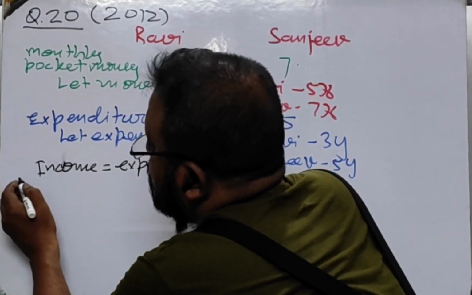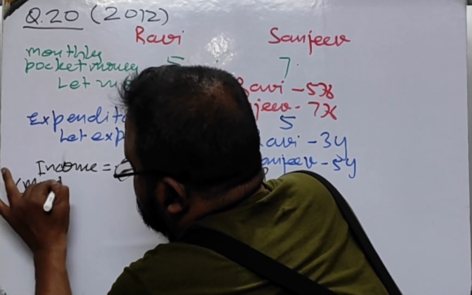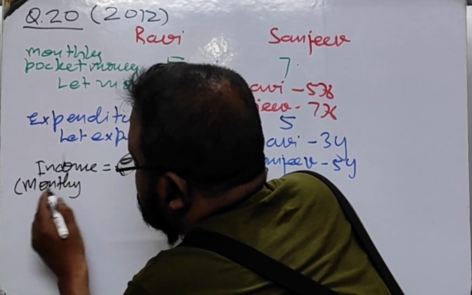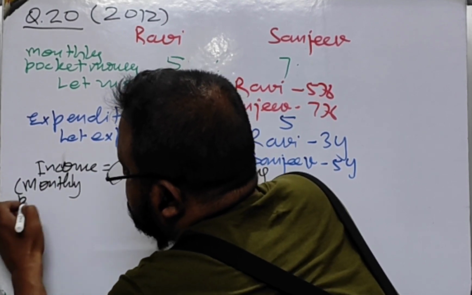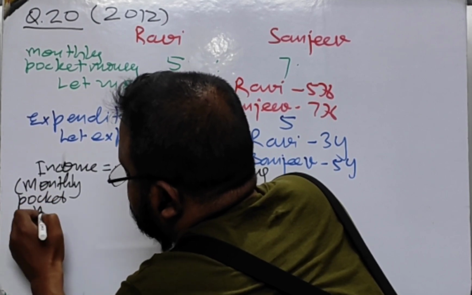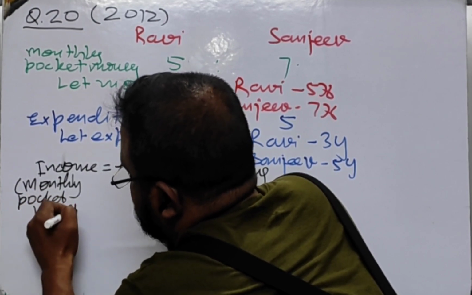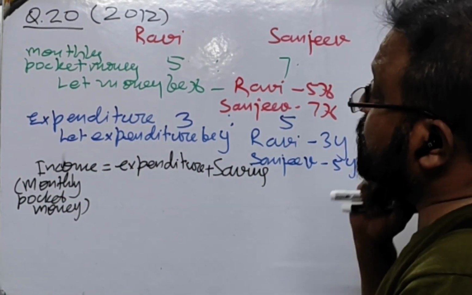So their income is the monthly pocket money, expenditure is like this and saving is like this.